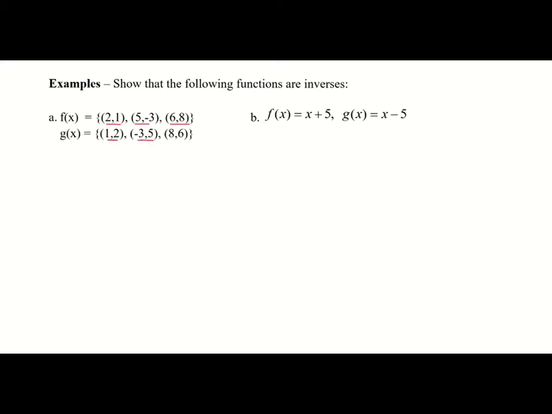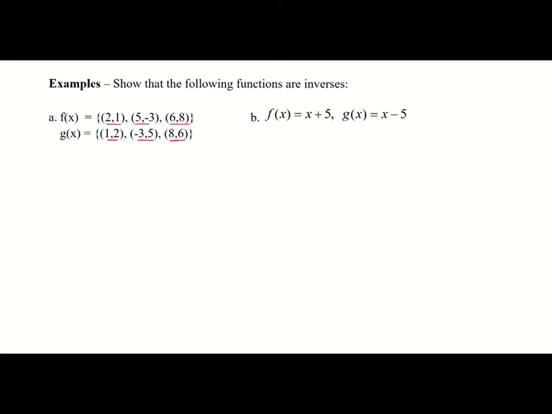I have -3, 5, and then I also have 8, 6. Those are swapped. So these two are inverses of each other because x and y are swapped from f of x. That one was nice and easy because you just look at the ordered pairs and see if they're swapped.